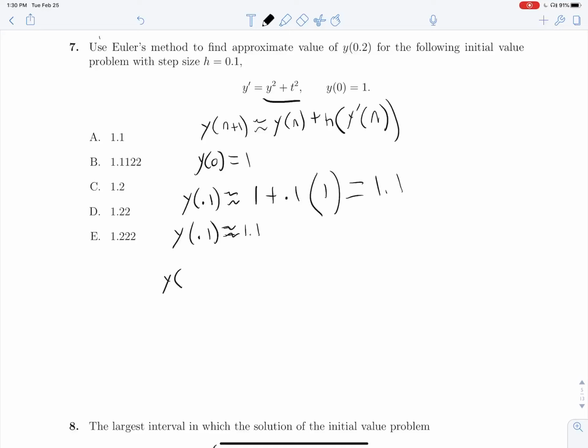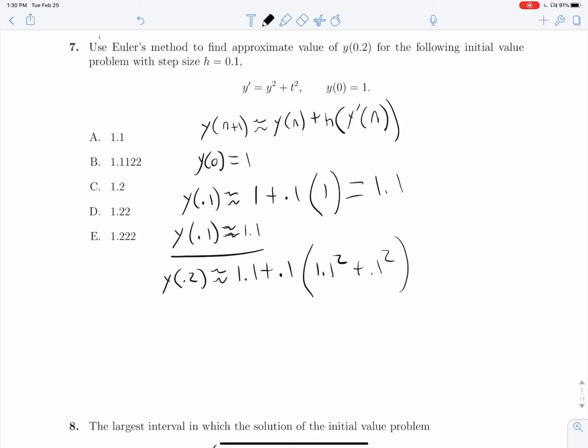We will see that y at 0.2 is approximately equal to y at 0.1, so 1.1 plus 0.1, our step size, multiplied by this guy right up here, our y prime evaluated at this condition, and that will give us 1.1 squared plus 0.1 squared.